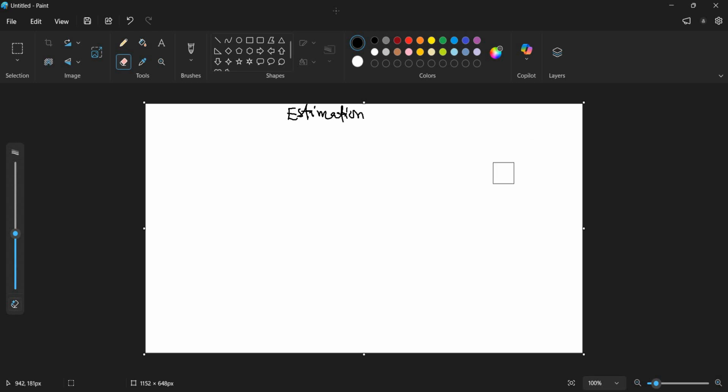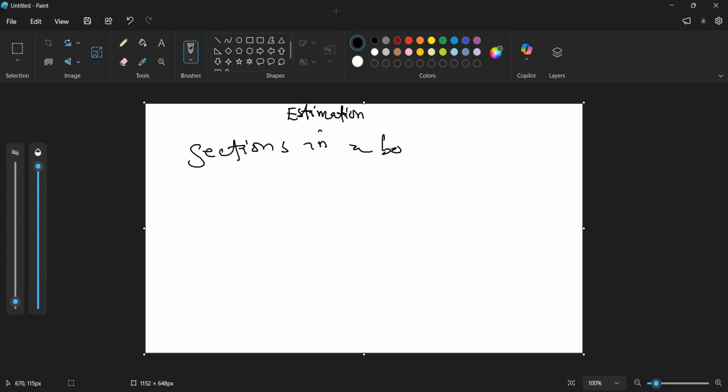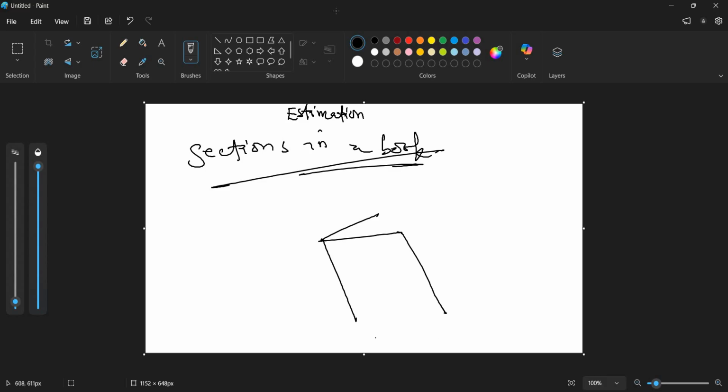sections in a book. Alright, let's pay attention here. When I take this book, it's made up of different sheets.